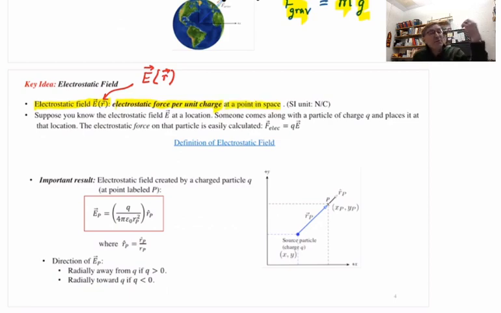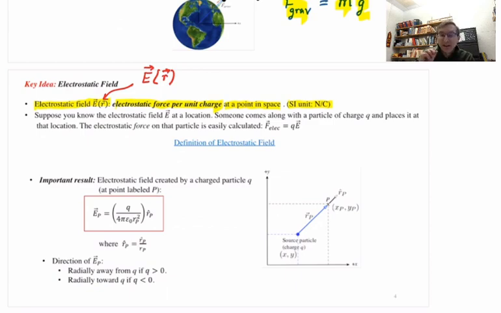And if gravitational field was gravitational force per unit mass with unit of Newton per kilogram, then electrostatic field as electrostatic force per unit charge has to have an SI unit of Newton per coulomb. Unit of force divided by the unit of charge. That's the SI unit of electric field, Newton per coulomb.